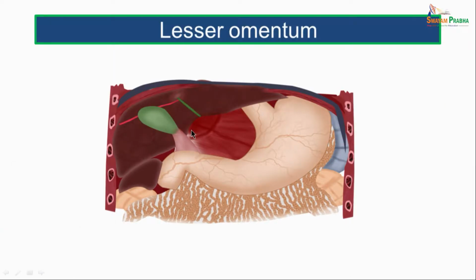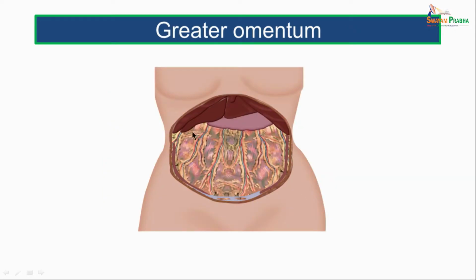Moving on, this is a picture, shows us the attachment of the lesser omentum, the two parts of the lesser omentum. And what we see here attached to the greater curvature is the greater omentum. Another view to show us the greater omentum, how it has spread over all the coils of small intestine like an apron and covers these coils from the anterior aspect.